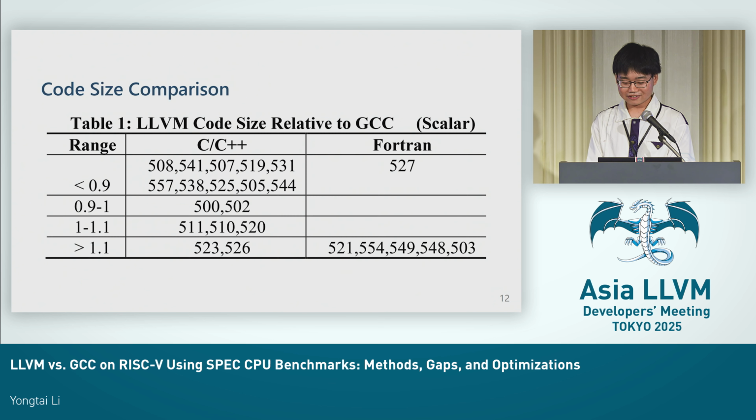Now let's look at the results. For code size, LLVM outperforms GCC in 70% of cases on C and C++ workloads. But for Fortran code, however, LLVM tends to generate larger binaries.